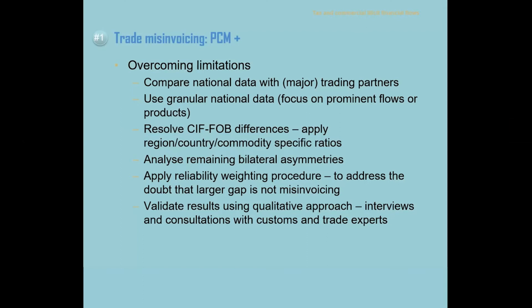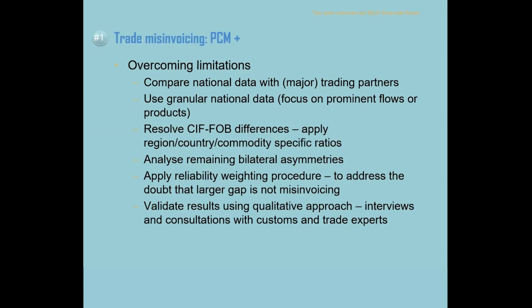So we, of course, have to make sure if it is already FOB, then we simply compare imports and exports, and they should be the same numbers. But in some cases, of course, this does not happen. So in those cases, we have to apply certain ratios, so the CIF-FOB ratios, to correct for those asymmetries that are caused by those differences in valuation.